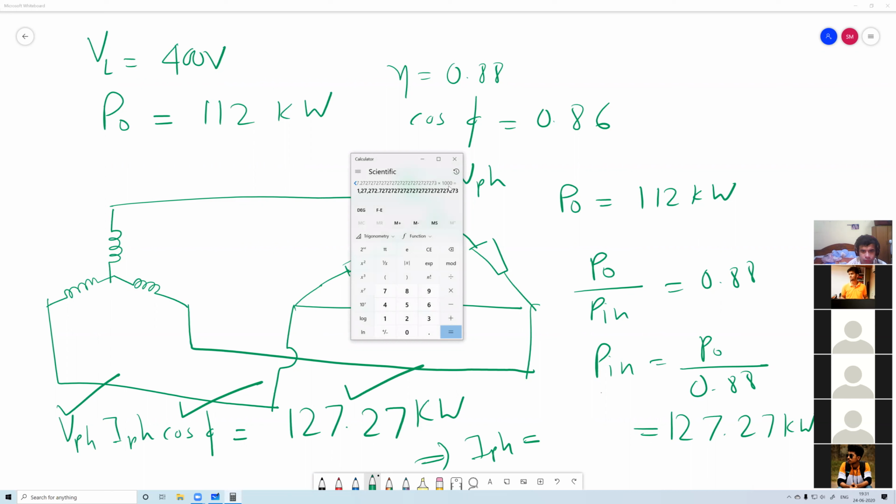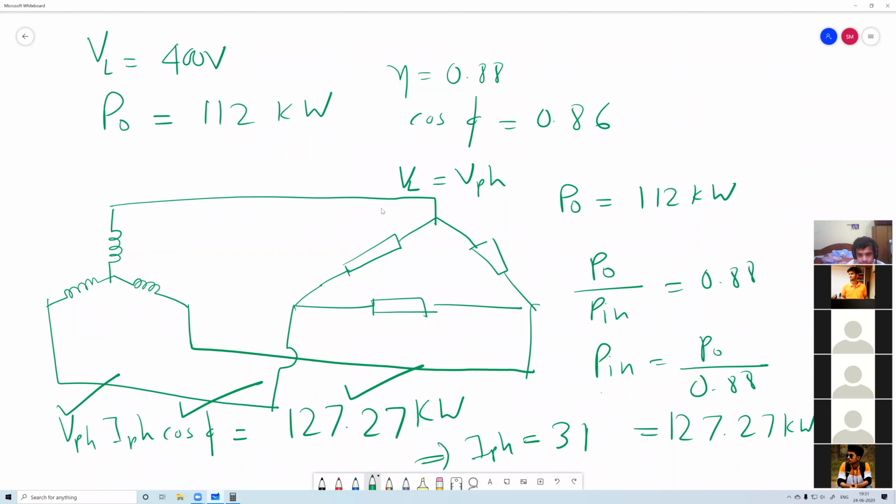Now I divide. V phase is 400, cos phi is 0.86. So I phase is 344 amps. So I_L is √3 times 344.